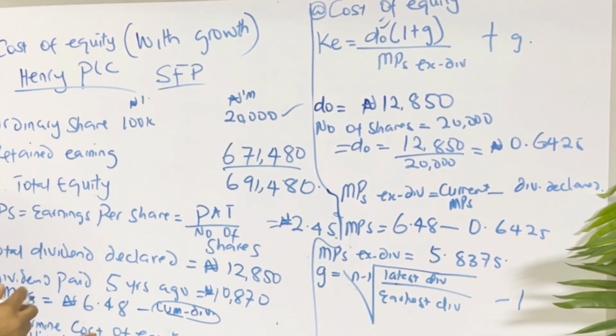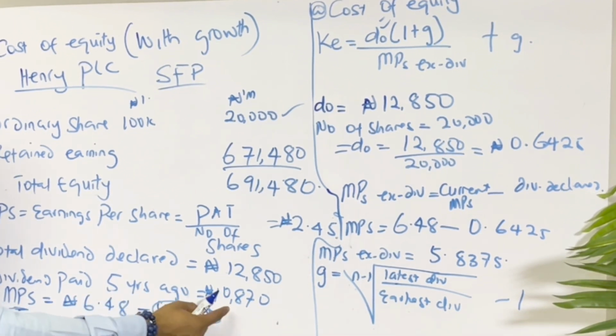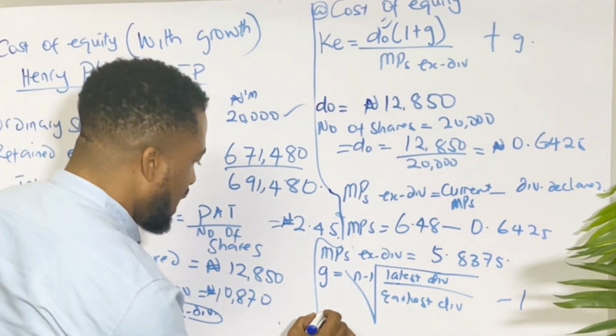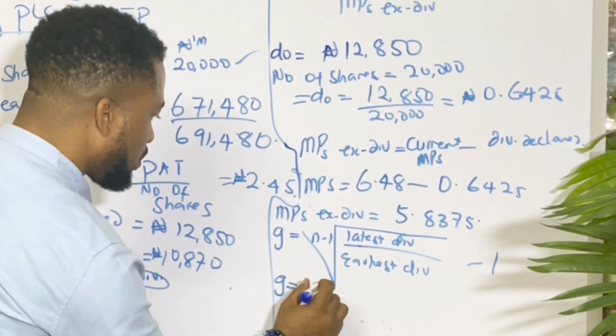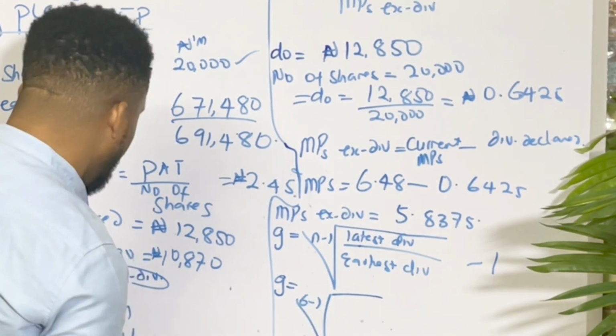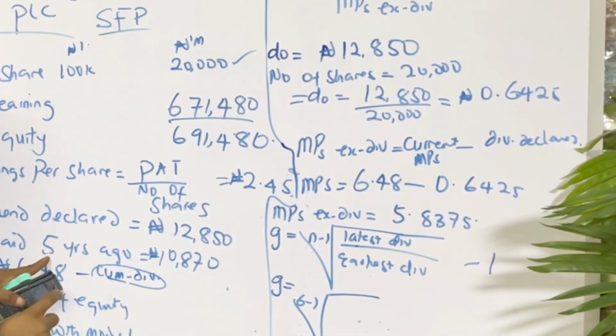From this question, we're told that dividend was paid 5 years ago, and this was the amount, 10,870. So our G becomes the root of 6, minus 1. Don't forget, I got this 6 by adding 1 to this 5.